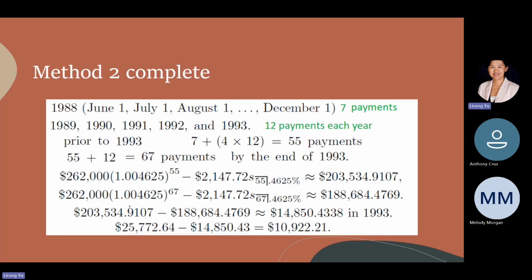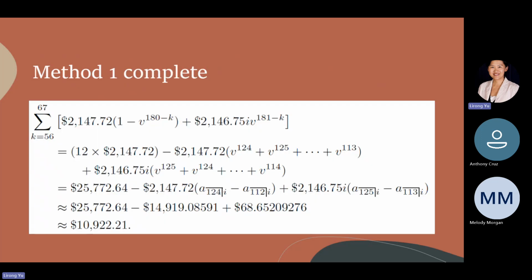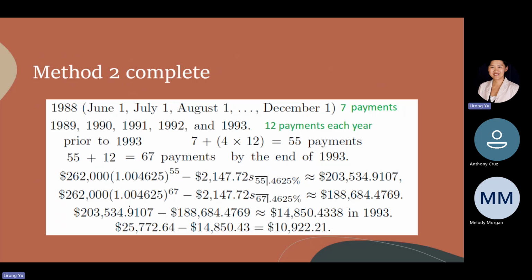Once we find the outstanding balance, subtract them, which gives you the principal paid. The total payment minus the principal paid is the actual interest. So that final answer will be the same answer as before, but it's definitely more manageable. It's the same answer. The 10,922 is the interest paid in that year. So basically, we paid a lot of interest in that year. Any question?